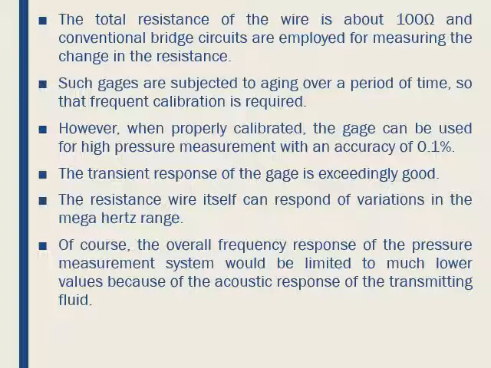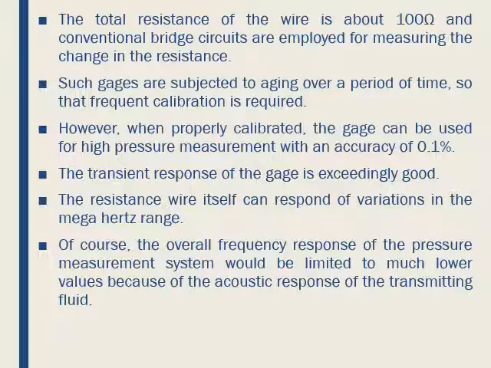Such gauges are subject to aging over a period of time, so frequent calibration is required. However, when properly calibrated, the gauges can be used for high pressure measurement with an accuracy of 0.1%.